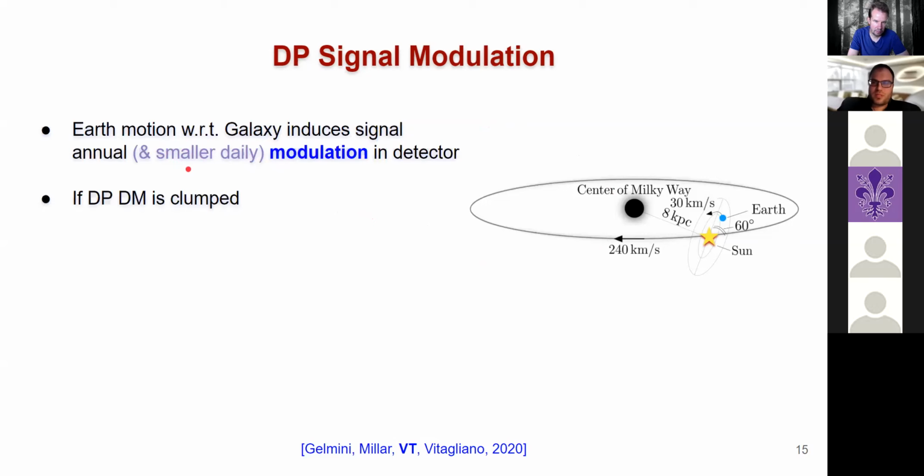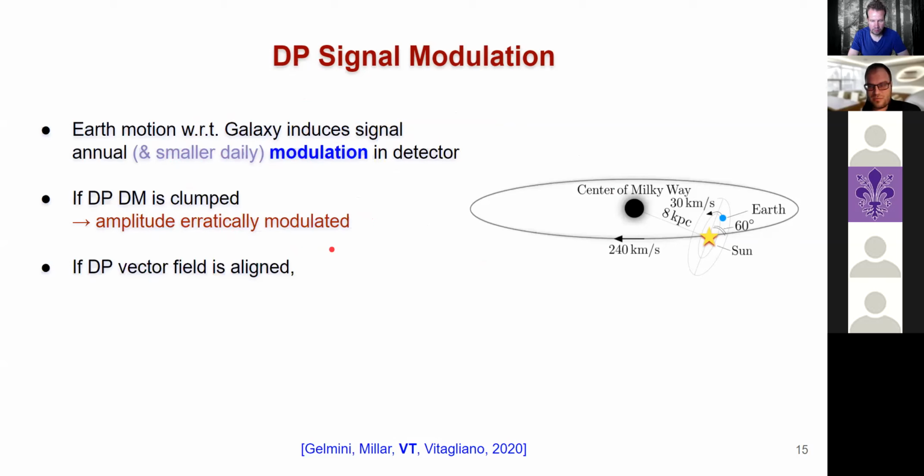On top of this, as I mentioned, there is a lot of model dependency, but in some models, the dark photon dark matter is actually clumped. If you have clumps, then in addition to this expected modulation, you will also have erratic modulation due to these clumps.